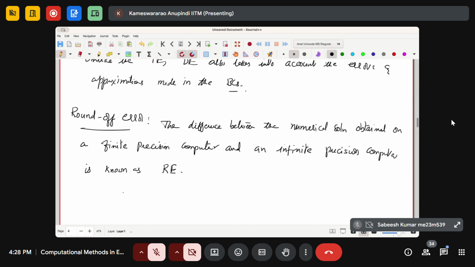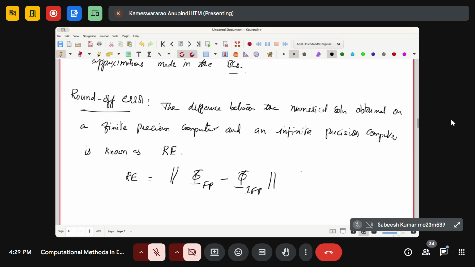That means if I were to define round-off error, it's going to be some norm between capital phi of the finite precision computer, that means whatever we solve on our computer, versus whatever it would be if we were solving it on an infinite precision computer. That is known as the round-off error.